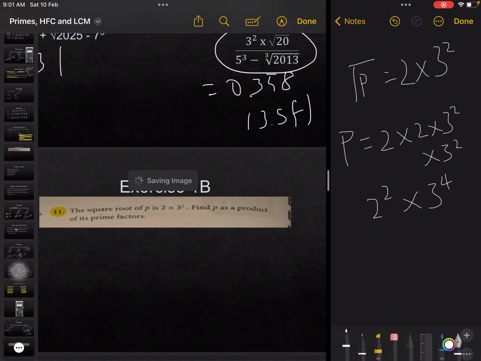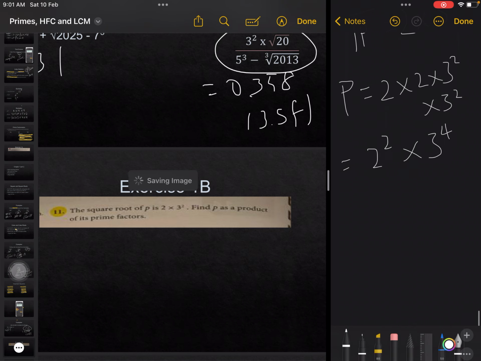So this prime factors is this. How do we get 3 to the power 4? 3 to the power 2 times 3 to the power 2 is basically 3 times 3 times 3 times 3. So it's 4 times. So we learn that in index notation, this is 3 to the power 4.